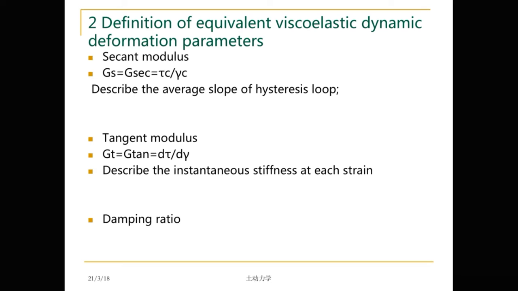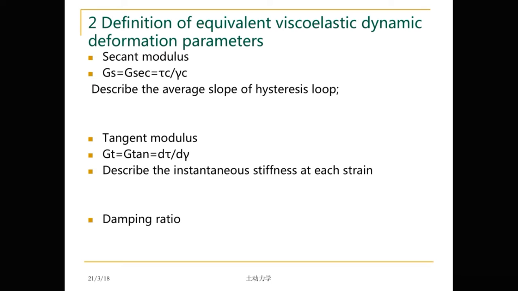Then the slope of this straight line is just the secant modulus, or G secant, and we use this to describe the average slope of the hysteresis loop. And the tangent modulus is at any point in the unloading or reloading branch.